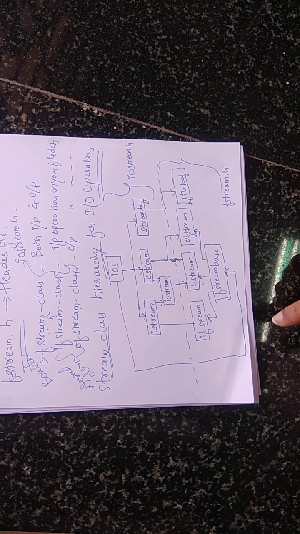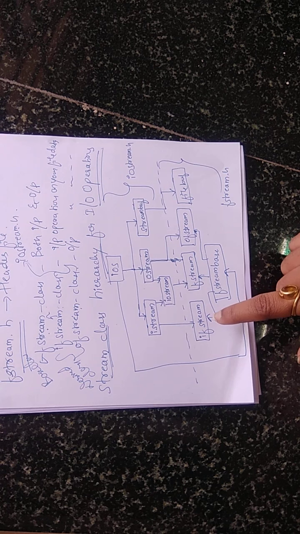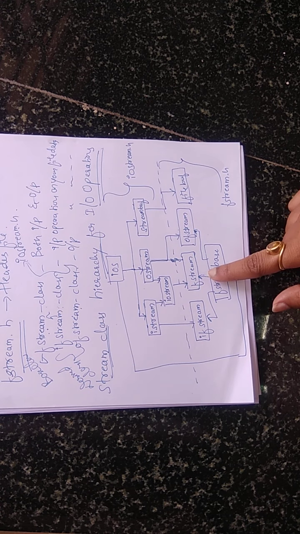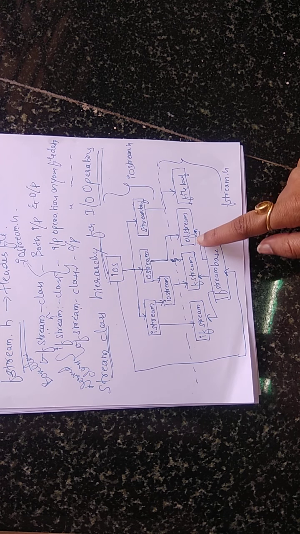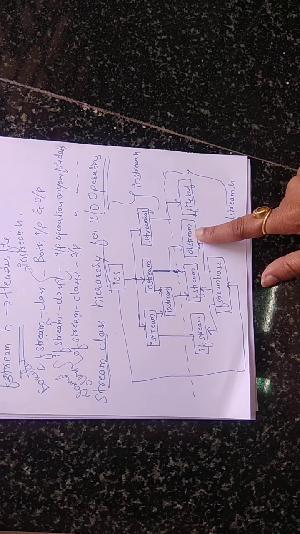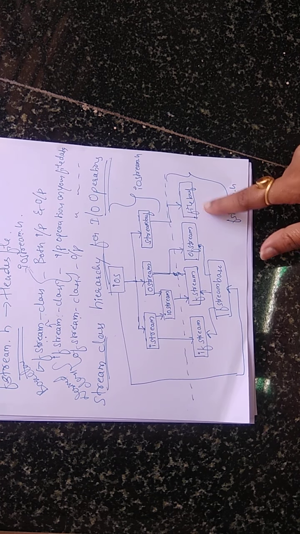Next, IO stream is input output data. Then if stream is input file stream, F stream is file stream, off stream is output file stream. Next, stream buffer and file buffer.